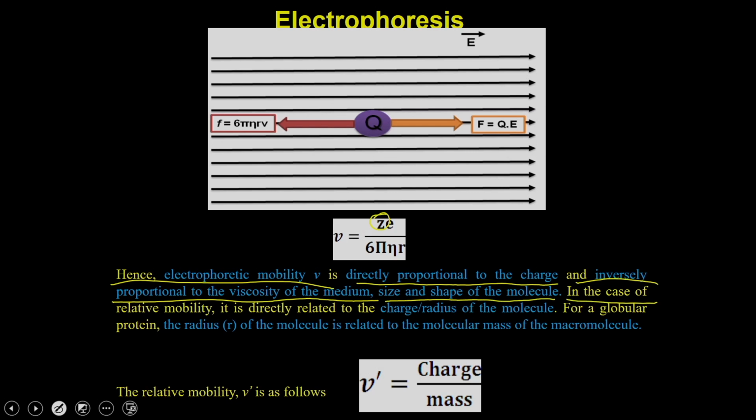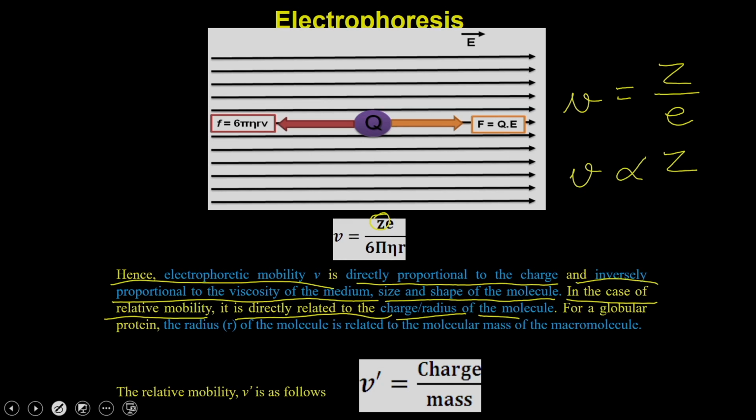In the case of the relative mobility, it is directly related to the charge by radius of the molecule. That is what we have said, right? V is equivalent to Z by E, which means V is directly proportional to Z and inversely proportional to 1 by R. And R is directly proportional to the mass of the molecule.